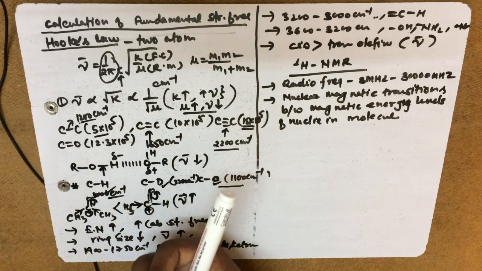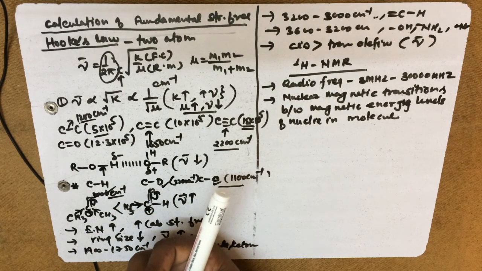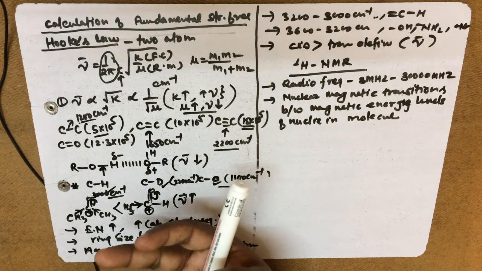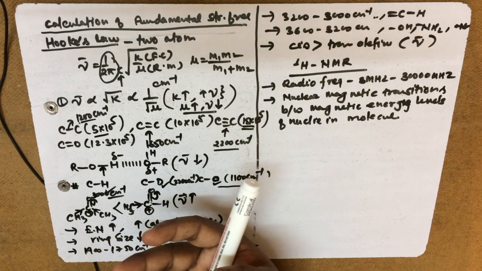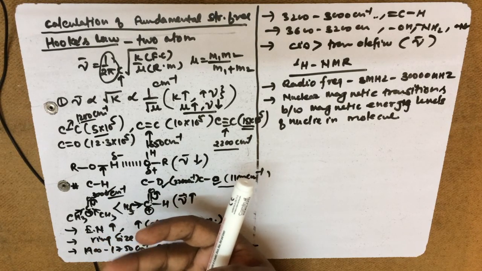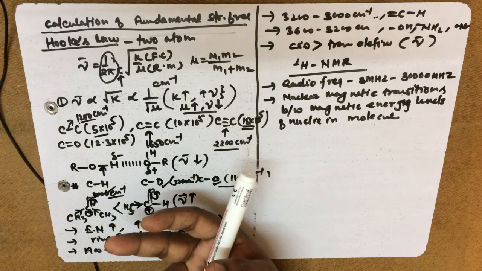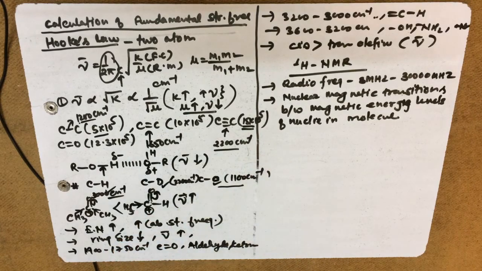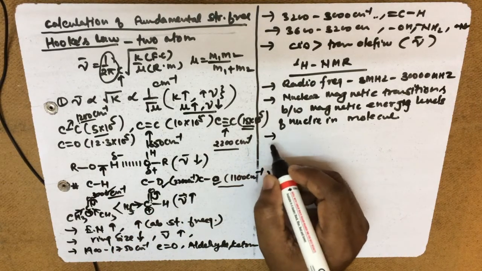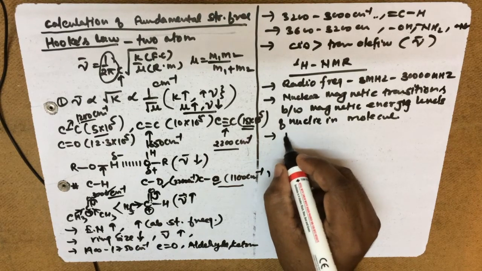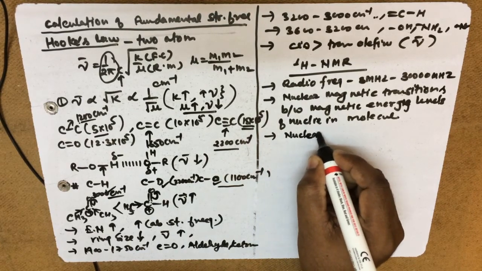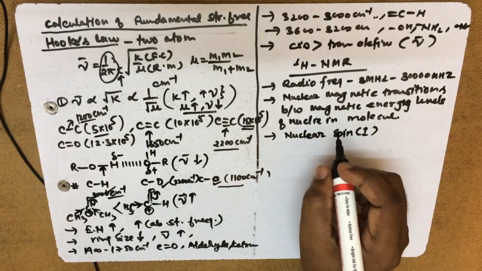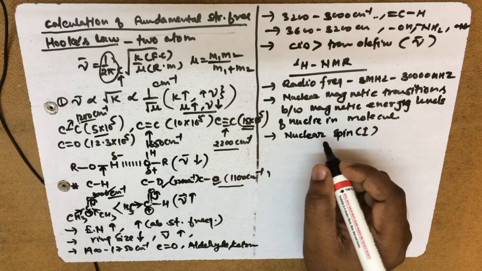Okay, so here just as electrons have two allowed spin states, designated by quantum numbers plus half and minus half, nuclei have too. Okay, so the nuclear spin quantum number is denoted by I.